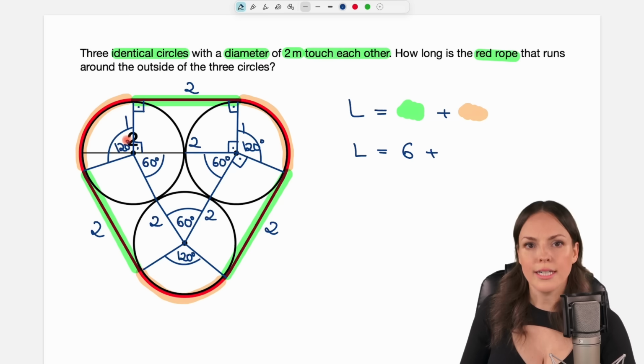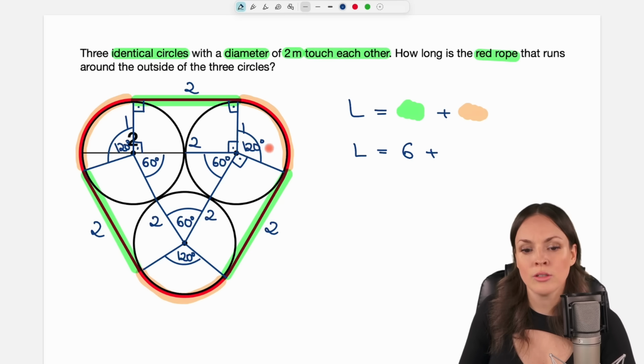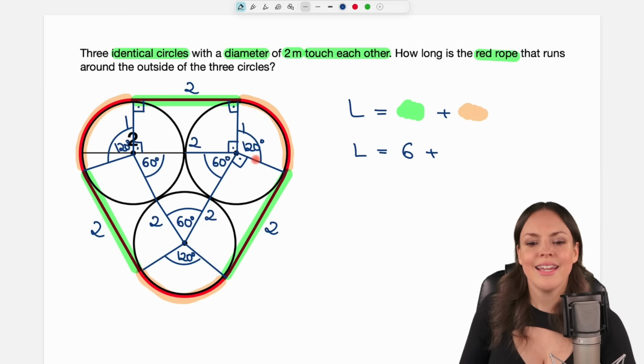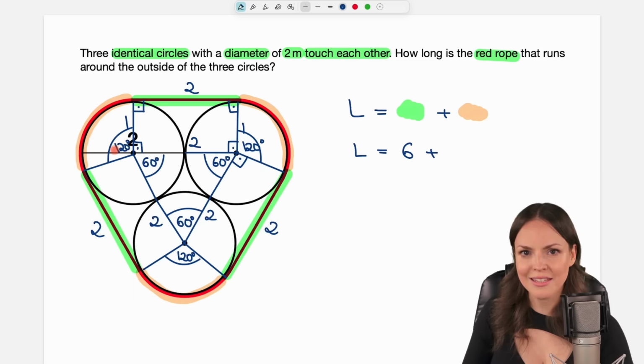So I could start now and calculate the length of this part here with the 120 degrees, or I can be a little bit smarter and take a look at all 3 of these parts together, because I have 120 degrees here, plus 120 degrees here, plus 120 degrees here, which gives me a total of 360 degrees.